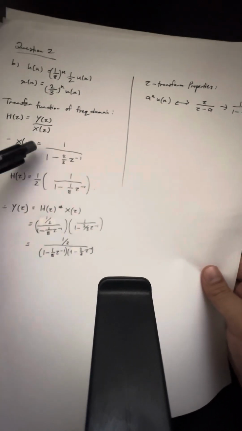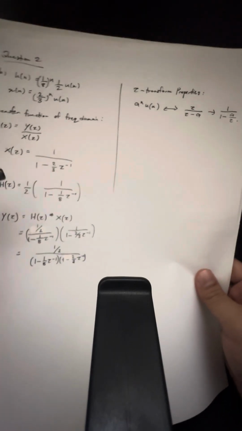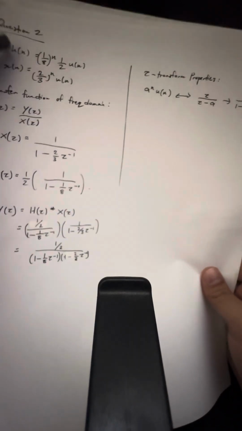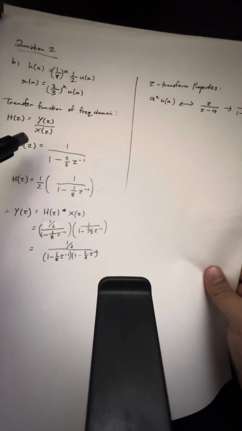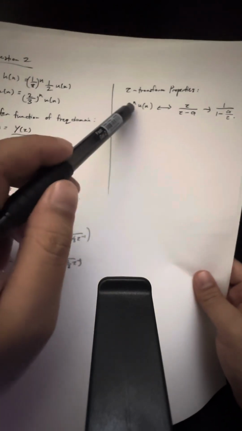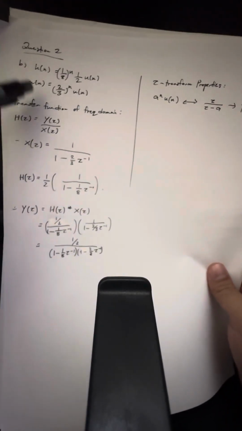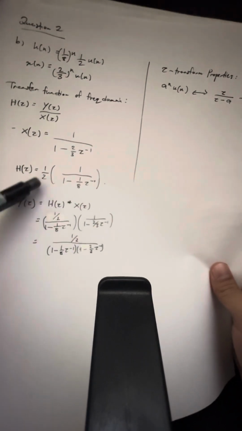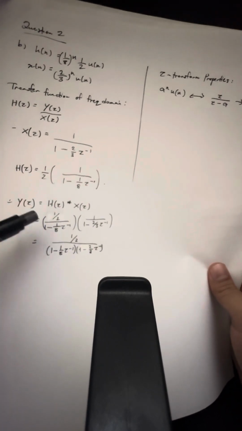Because the transfer function is already in the frequency domain, we only need to z transform h of n and x of n, and then use the convolution sum properties and z transform properties to transform each equation, the h of n and the input, to get y of z, the system output.